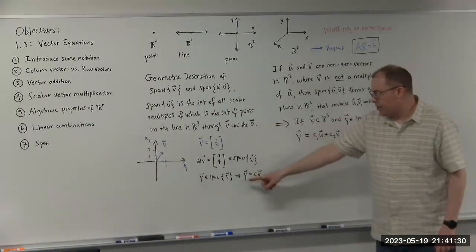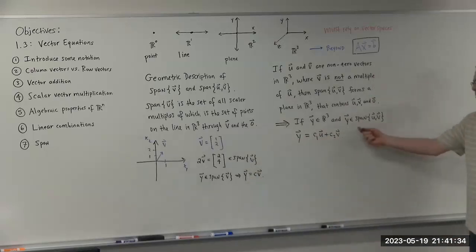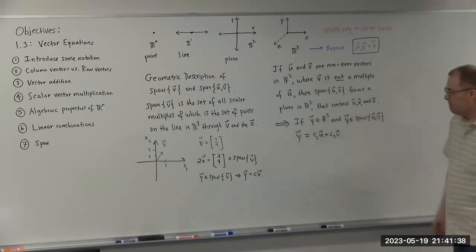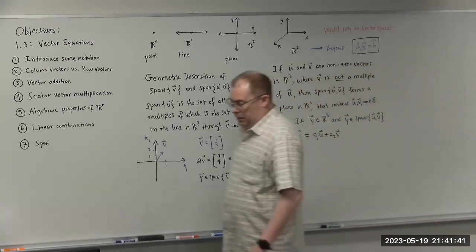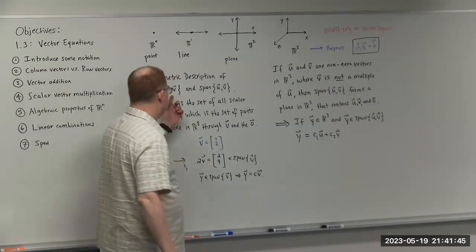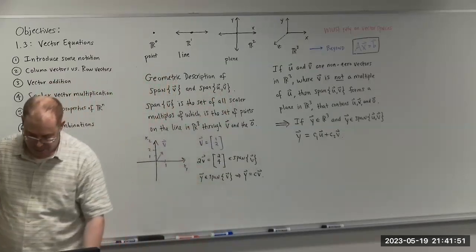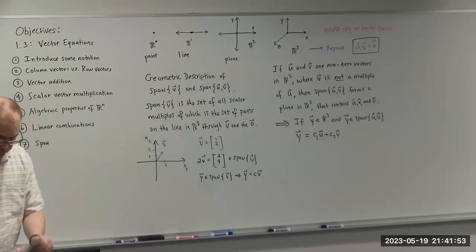If you have two vectors, it works similarly, and we can expand on this idea. Hopefully you can see the difference now between the span of one vector and the span of two vectors, where these vectors are not multiples of each other. I'll go ahead and stop here.